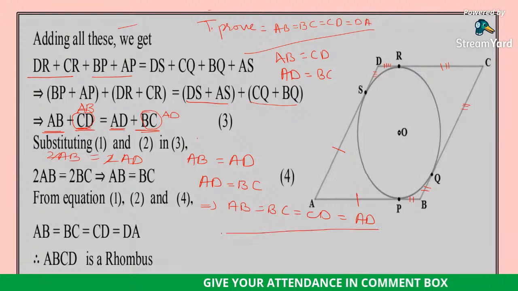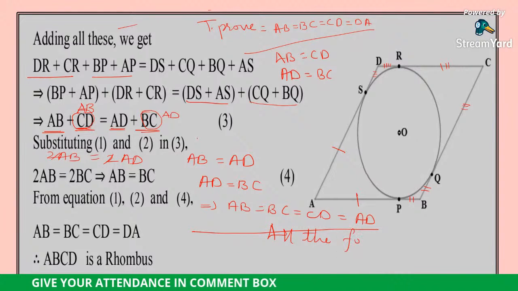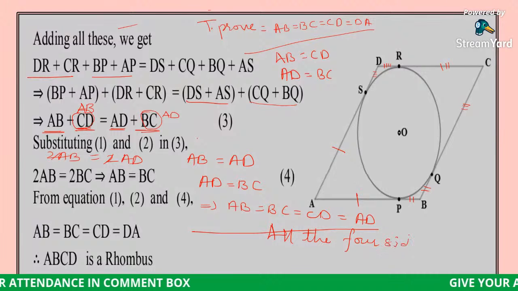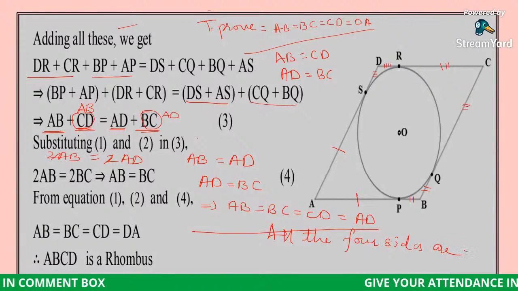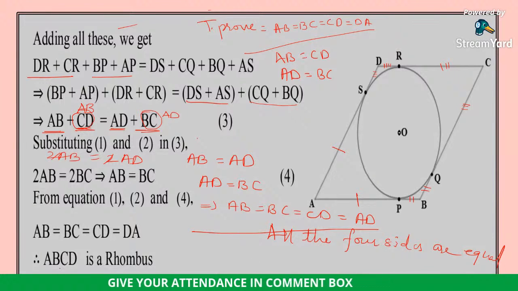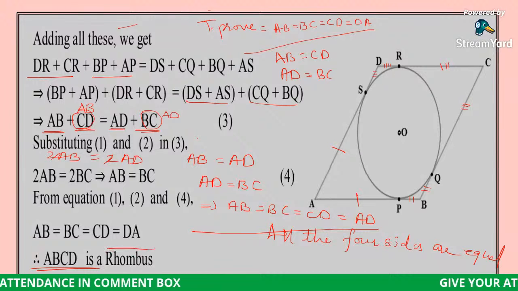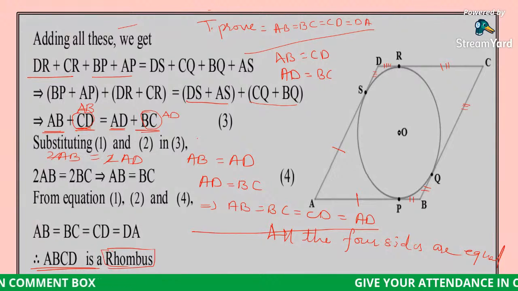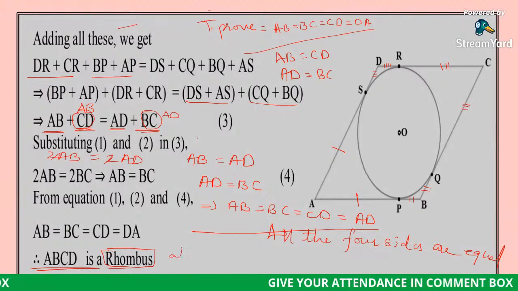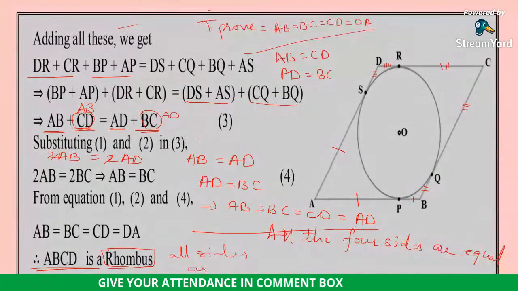All the four sides are equal. If all the four sides are equal in a given parallelogram, then we can name that parallelogram, we can write it as a rhombus, because it's a special case of a parallelogram where all the four sides are equal.